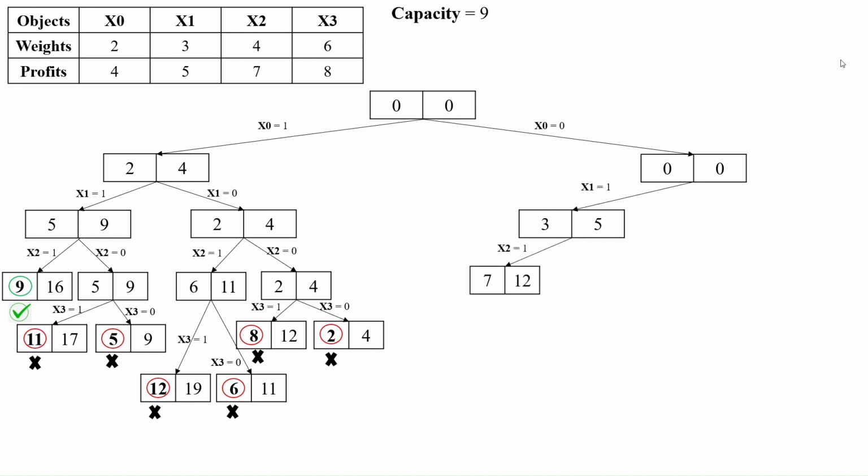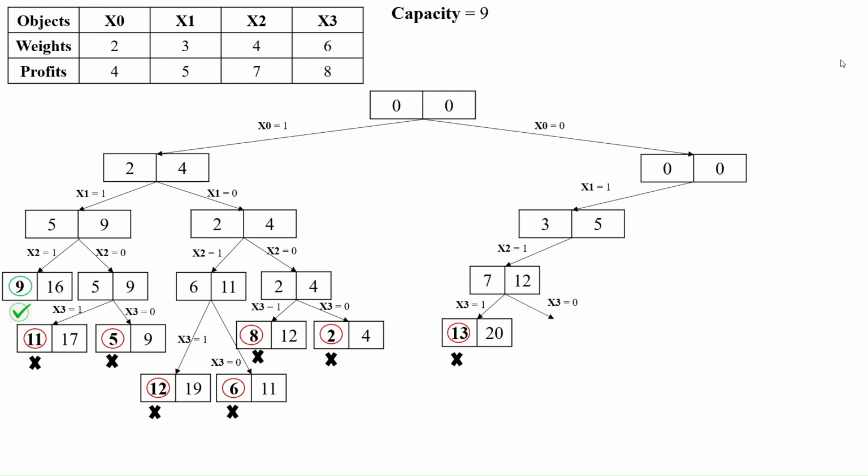By considering x2, here it looks like, which is having weight of 7 and profit of 12. So let us consider x3. By adding x3 values, here it looks like weight 13 and profit of 20. Here the weight exceeds, so automatically the condition fails.